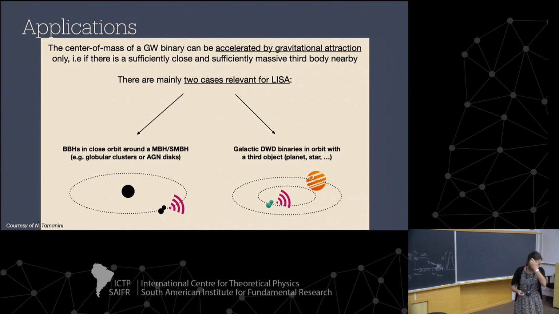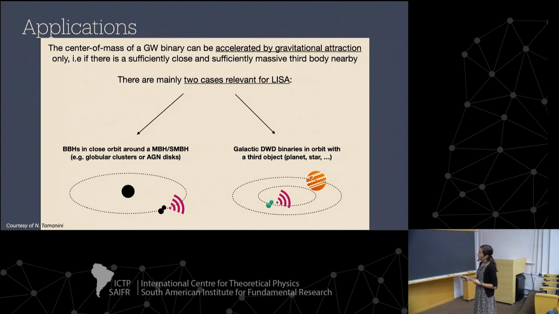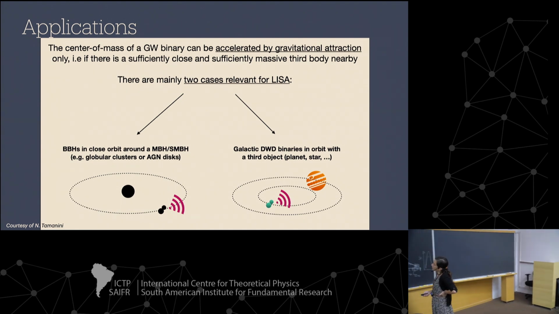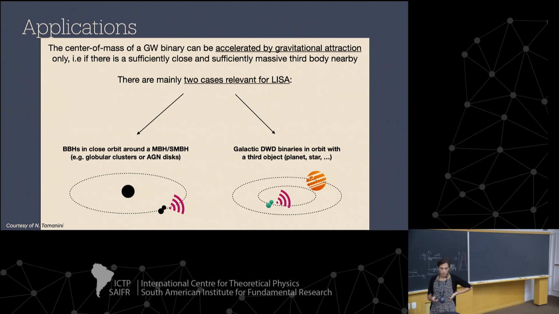It can be caused by the presence of a planet around the double white dwarf. But it could also be a binary black hole in close orbit around a massive black hole or a supermassive black hole. So the concept holds in both cases.